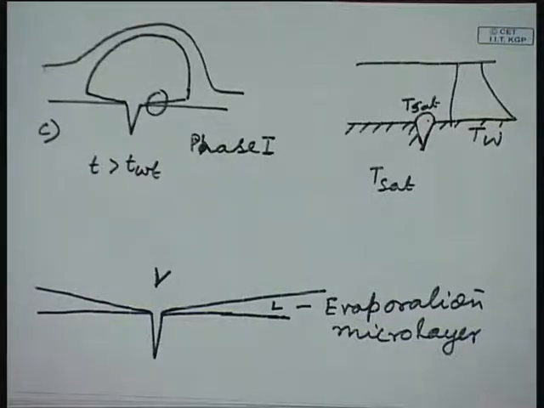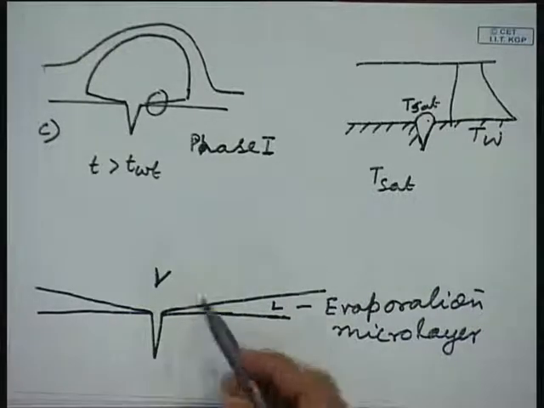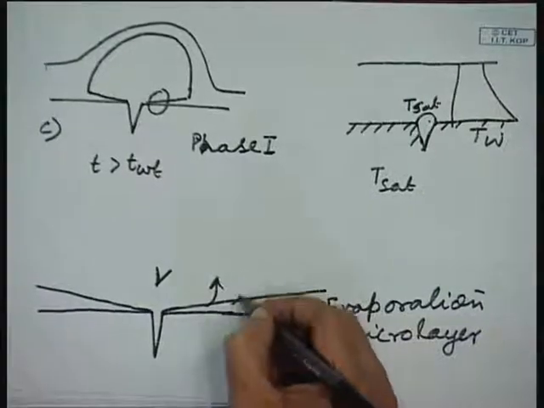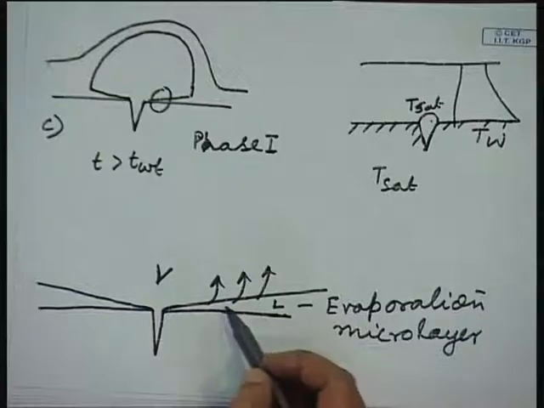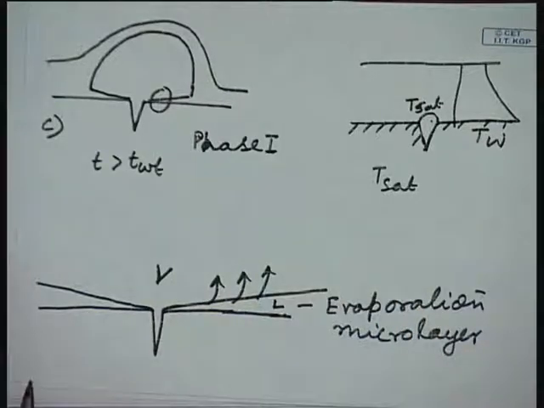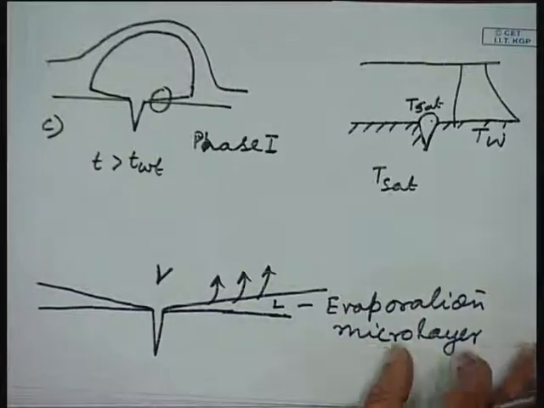Now, if conduction is the predominant method of heat transfer, then we are assuming that there is no fluid flow. So, fluid is also not replenishing whatever evaporation. From this surface evaporation is taking place. Okay. Now, it is not being replenished because we do not have much liquid flow, this is a very thin region. So, what will happen?